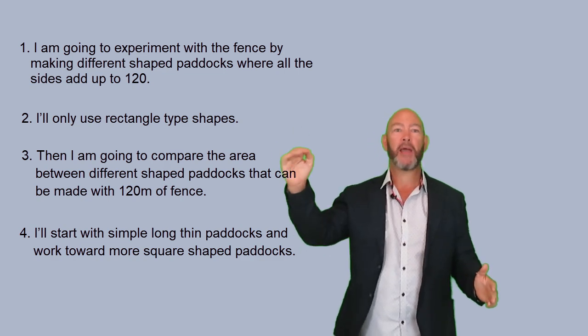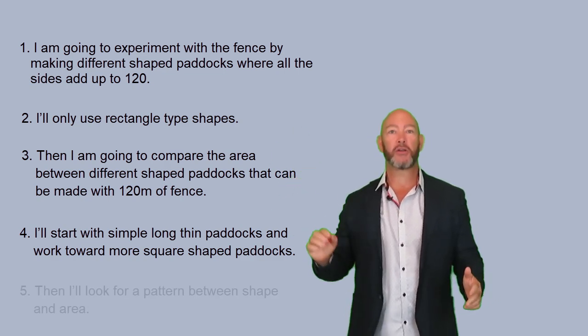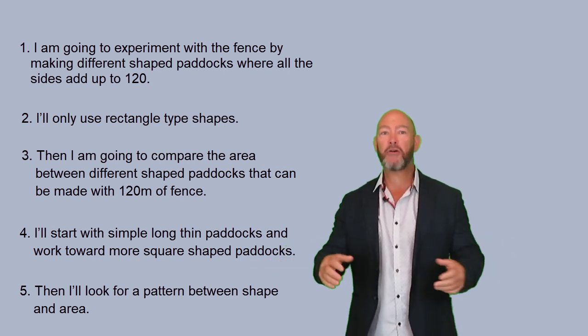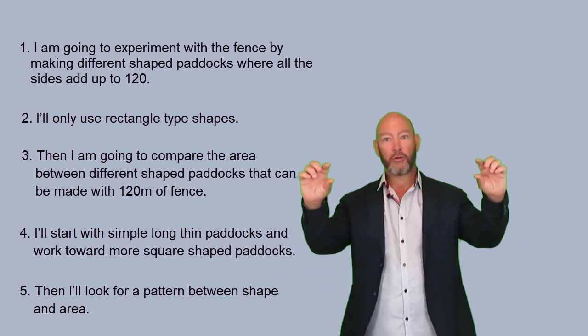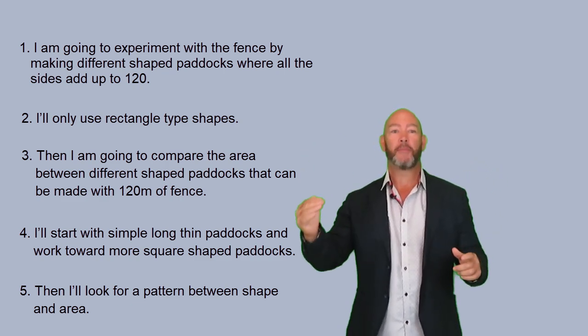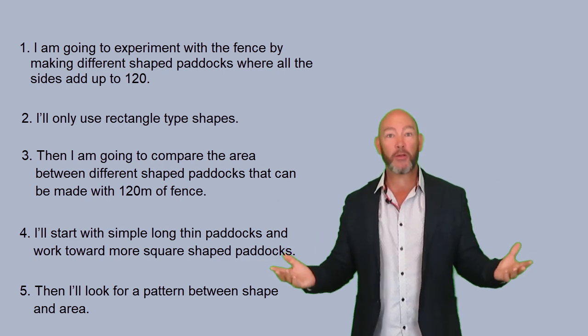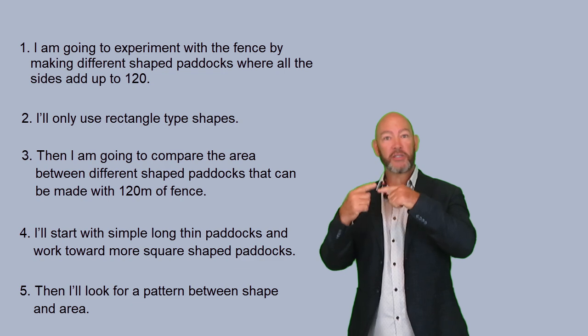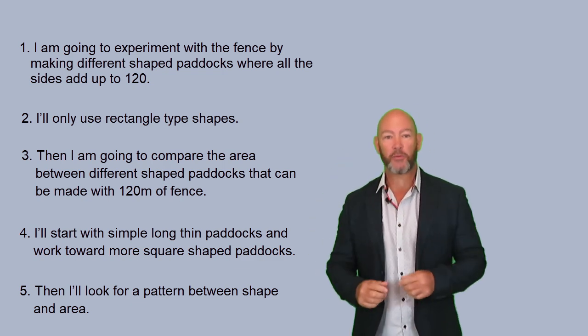So experiment with shapes, only rectangles for now. I'm going to start long and thin, slowly progress, and see if I can identify a pattern and do something with it. If that works, great. If it doesn't, I'll feed all of this new understanding back into phase one.